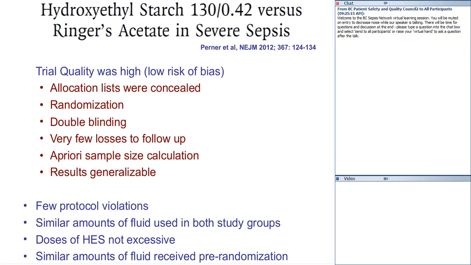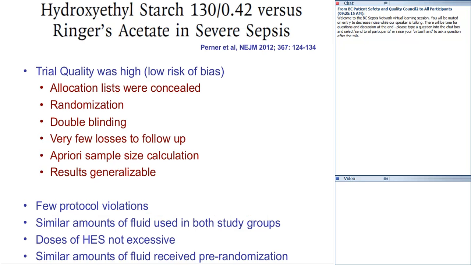What about the methodological quality of this trial? If you remember, in the past we talked about the fact that a lot of these older trials were at a high risk of bias. Well, this trial was considered a high quality trial and therefore at a low risk of bias. The allocation lists were concealed, randomization was done well, the trial was double-blinded, there were few losses to follow up, there was an a priori sample size calculation, and the results are generalizable.